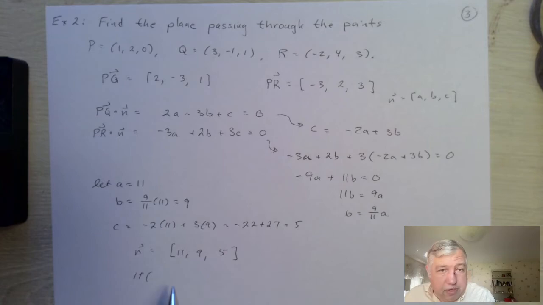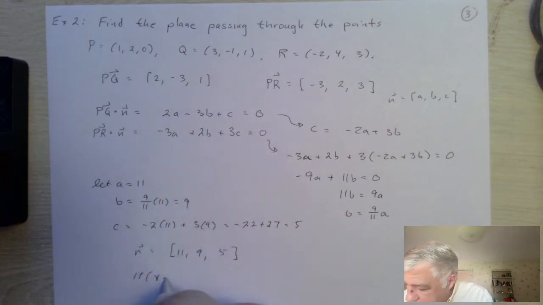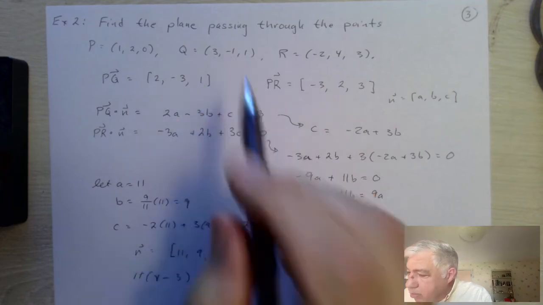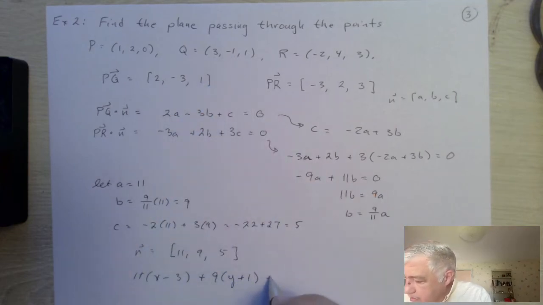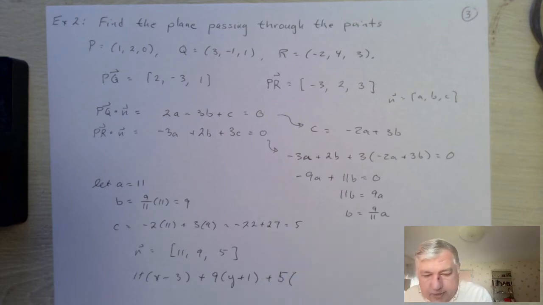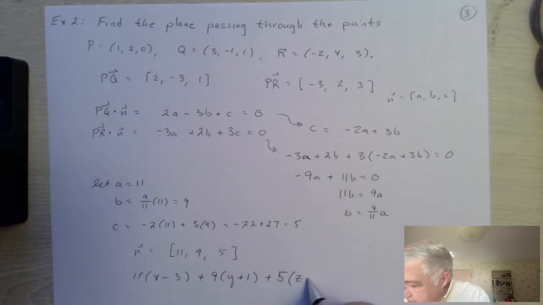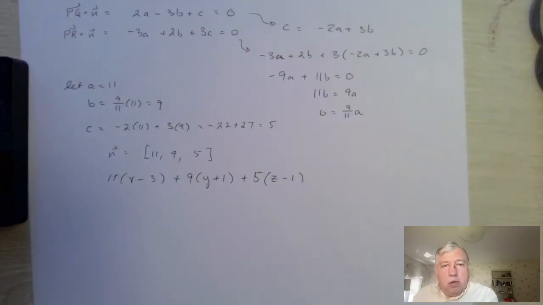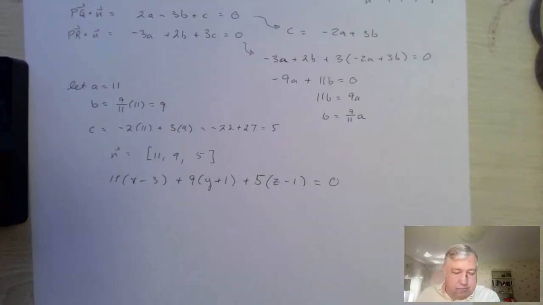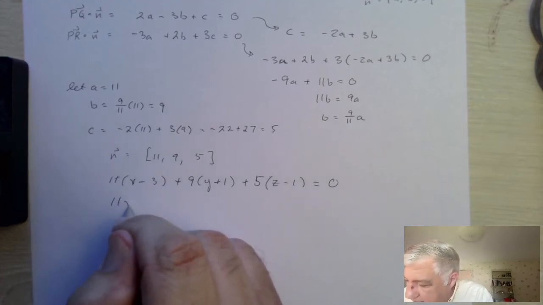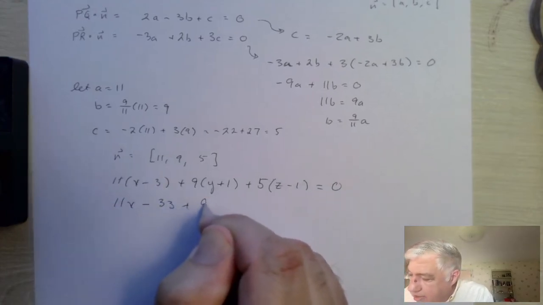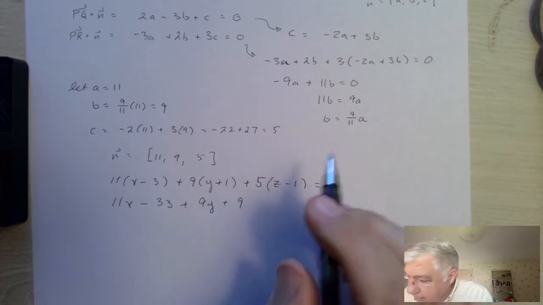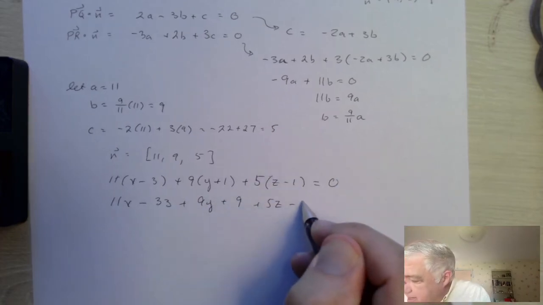So this will be 11 times x minus 3, plus 9 times y plus 1, plus 5 times z minus 1, and that's 0. Multiplying things out, this will be 11x minus 33 plus 9y plus 9 plus 5z minus 5 equals 0.